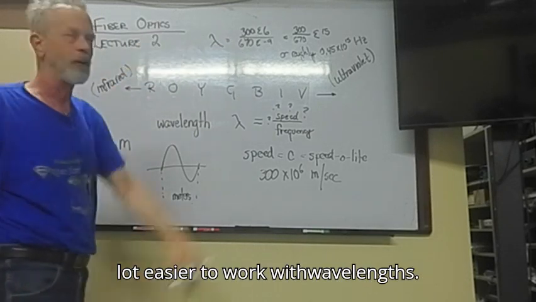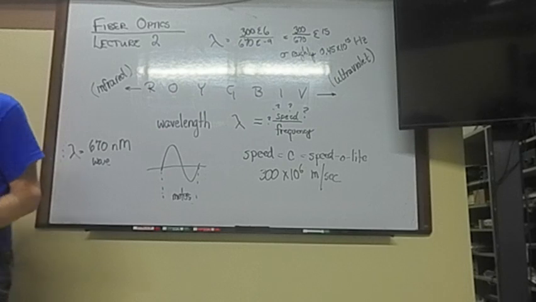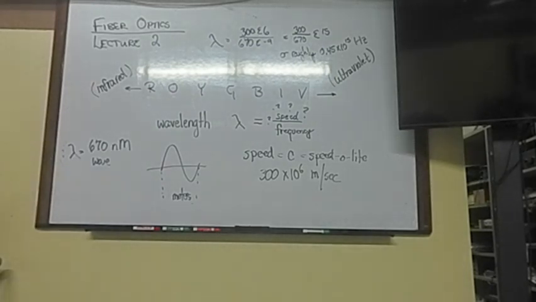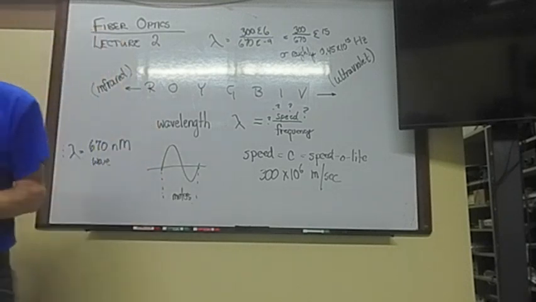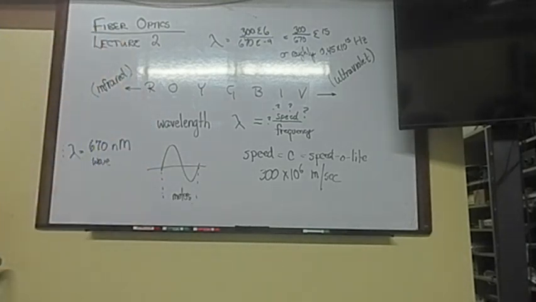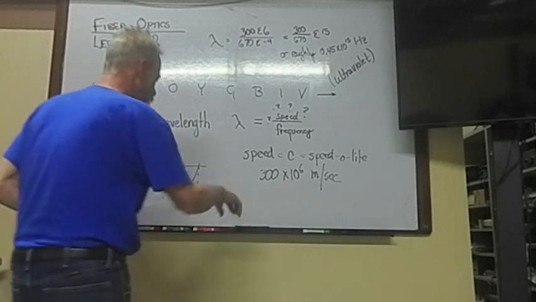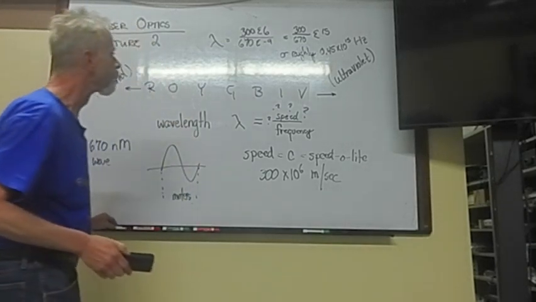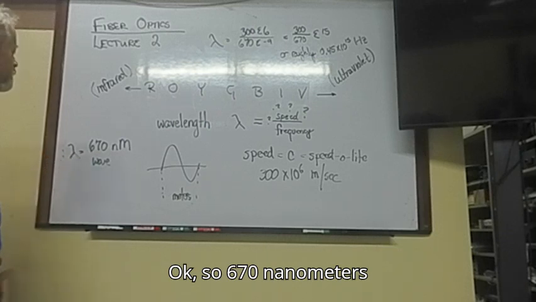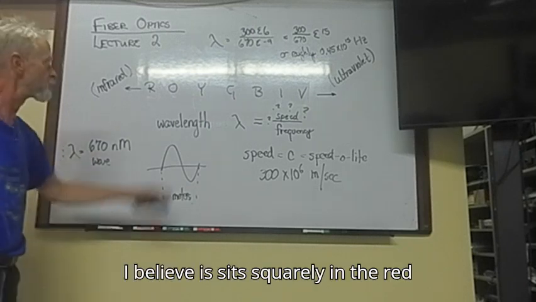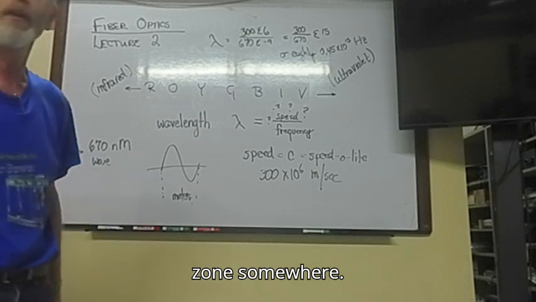It's a lot easier to work with wavelengths. Okay, so 670 nanometers, I believe, sits squarely in the red zone somewhere.